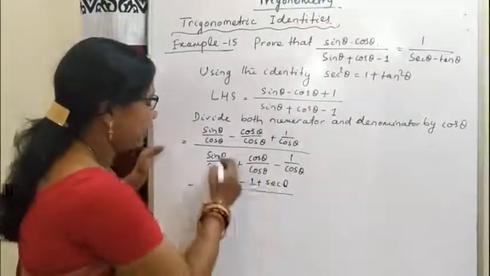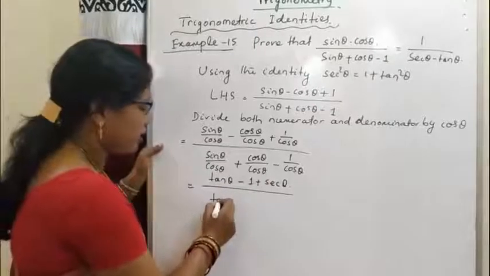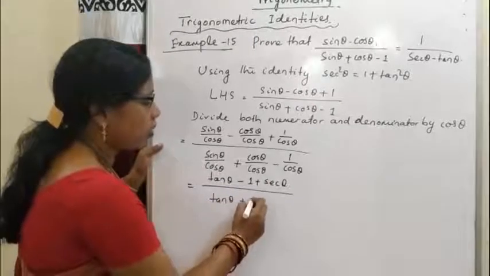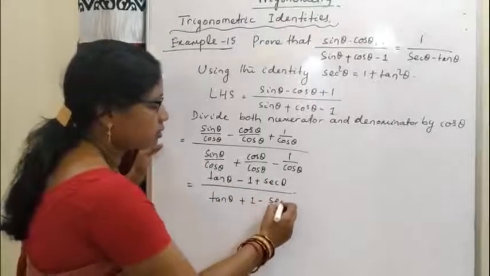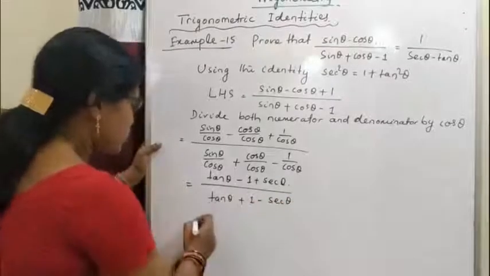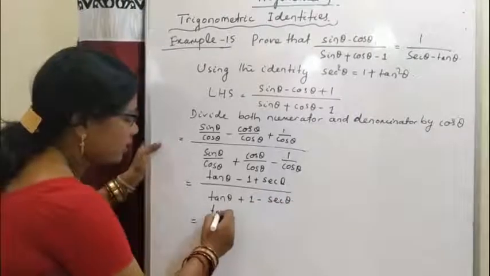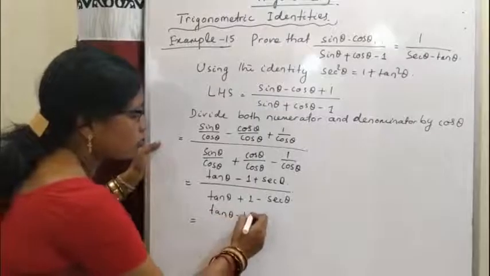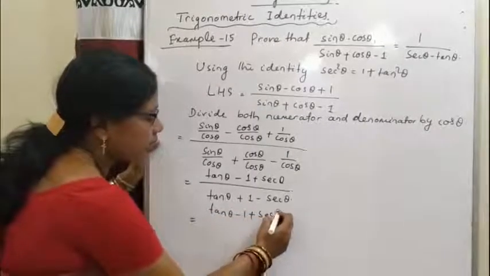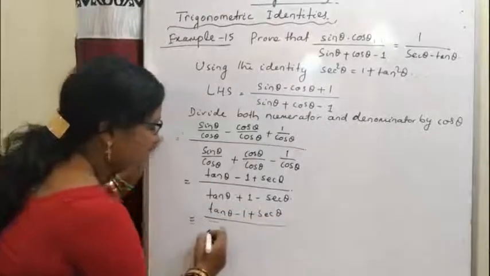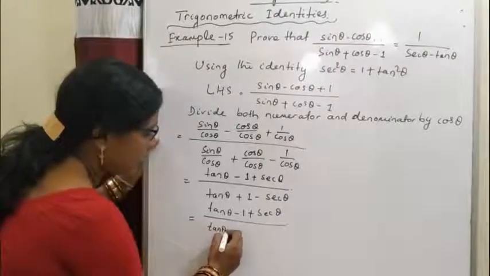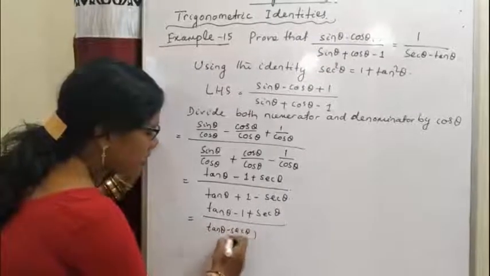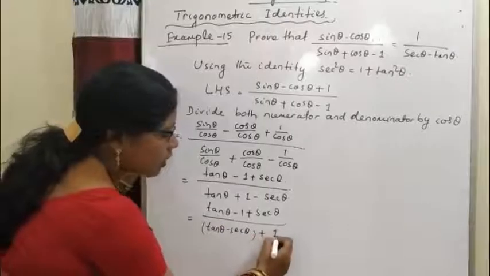Divided by, this is also tan theta plus 1 minus sec theta. So this can be written as (tan theta minus 1 plus sec theta) divided by (tan theta minus sec theta plus 1).